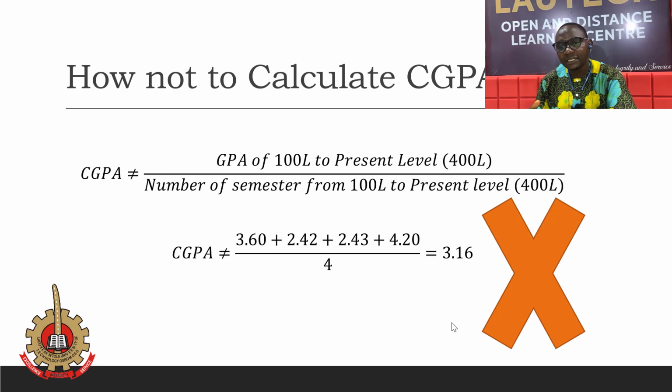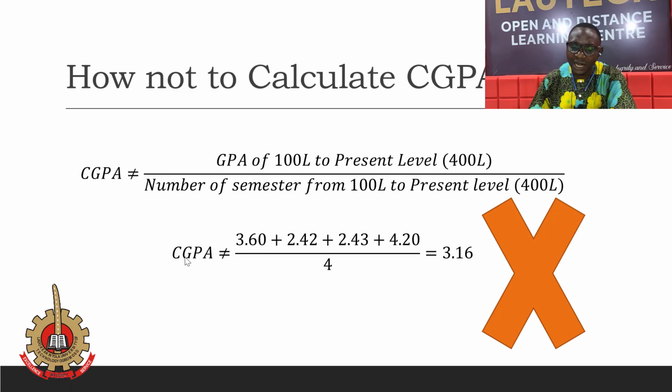And okay, there are ways not to calculate your CGPA. CGPA is not the average of the semesters. No, no. So you are not supposed to calculate your CGPA like this, because some of the students will just collect their GPA per semester and take the average of it. No. If you are doing this, you are estimating your average, but meanwhile CGPA is cumulative.